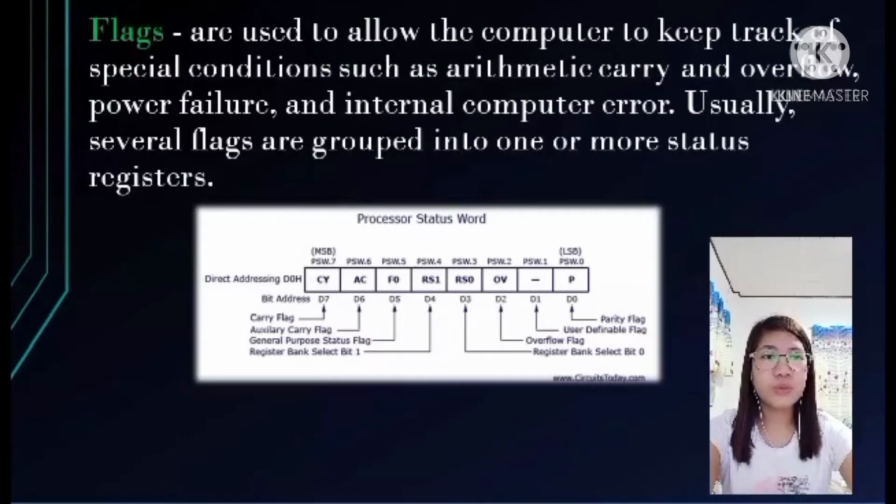The control unit will also contain several 1-bit registers, sometimes known as flags, that are used to allow the computer to keep track of special conditions such as arithmetic carry and overflow, power failure, and internal computer error. Usually, several flags are grouped into one or more status registers.